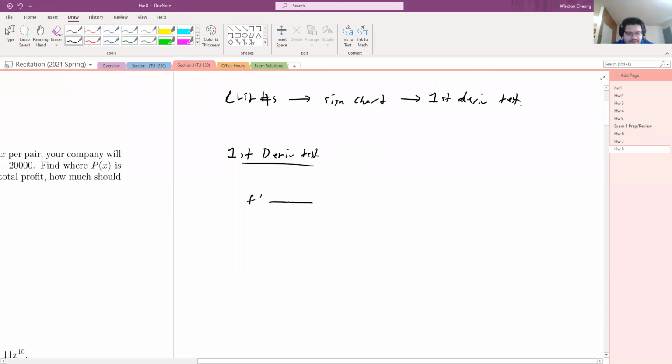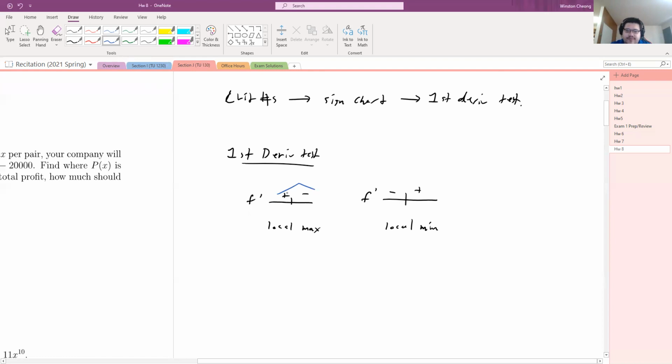The first derivative test is all about the transition of the sign. How does the sign change from one side of the critical point to the other side? If it's going from plus to minus, then this is a local max. If it's going from minus to plus, this is a local min. The way I think about it is I visually sketch it in my head.